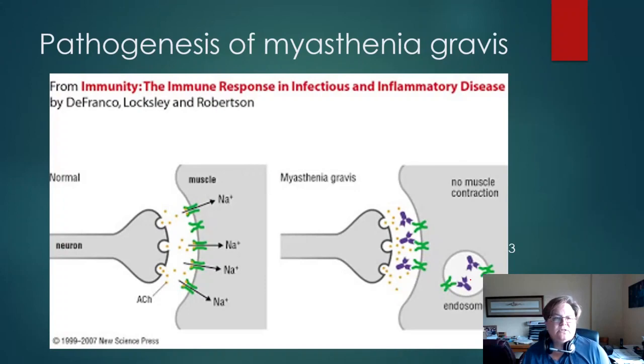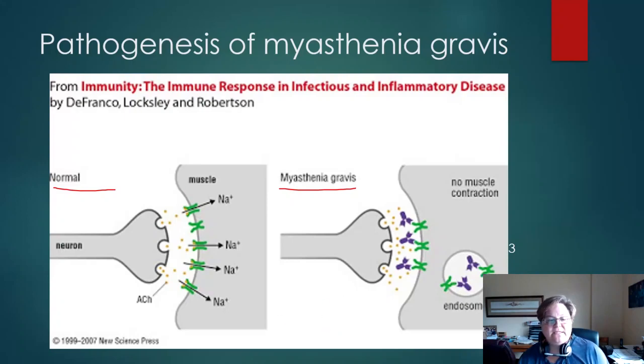So we're going to talk just a minute about myasthenia gravis and the pathogenesis of myasthenia gravis. So when we have myasthenia gravis, that's depicted here on the right, and normal nerve discharges are shown on the left.